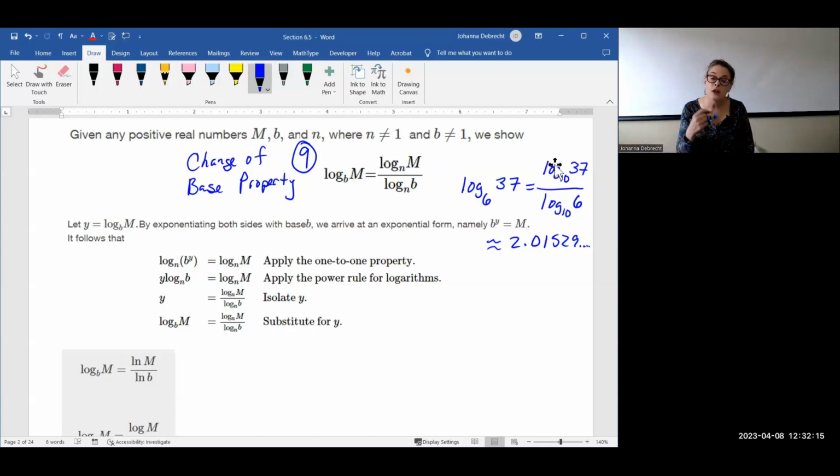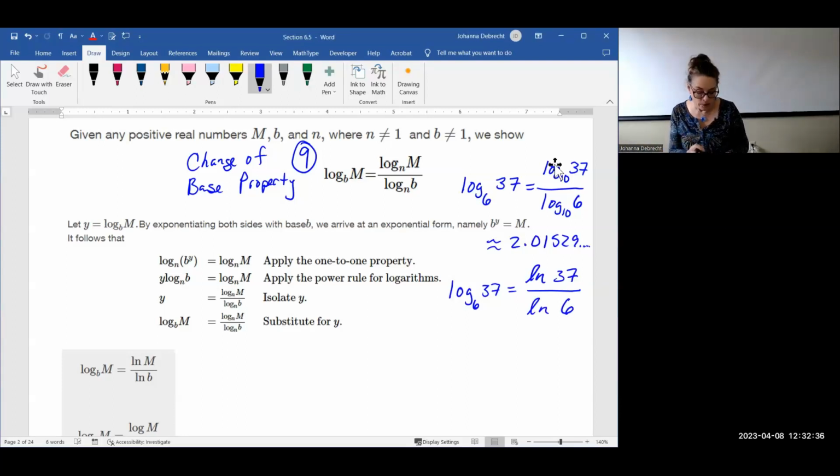Now we could also have used the natural log key, but it would look a little bit different. I could also have written log base 6 of 37 is equal to the natural log of 37, the answer part goes on top, and the natural log of the base, which is 6, goes on the bottom. Now you can use parentheses as well and do it all at once.